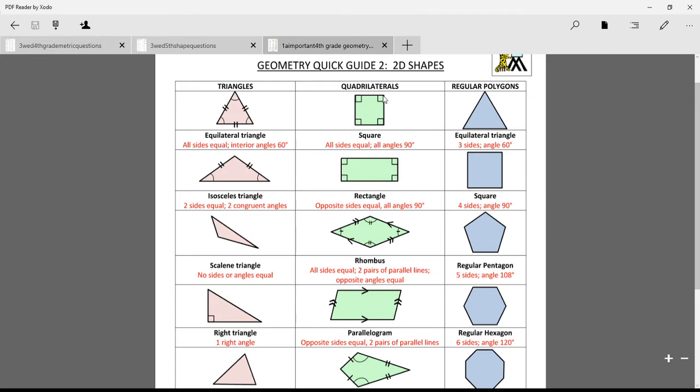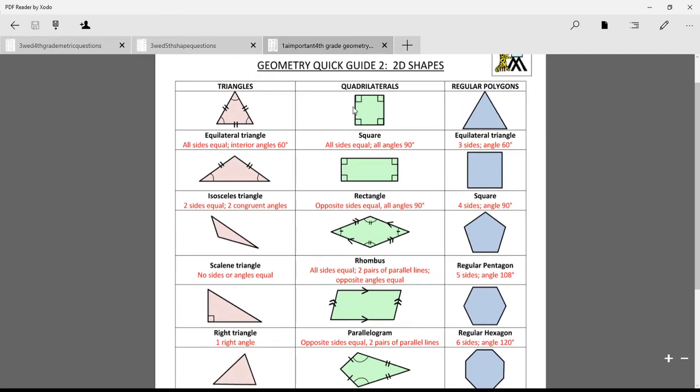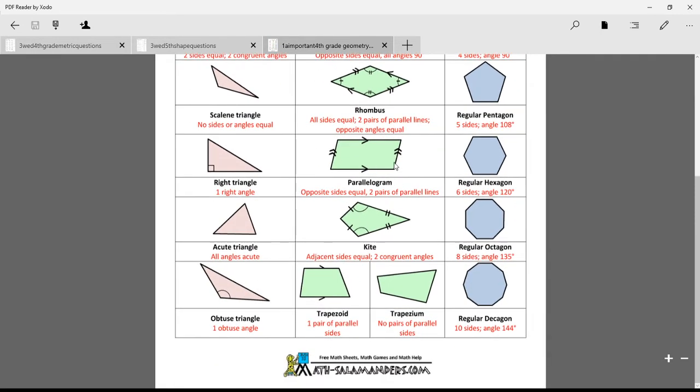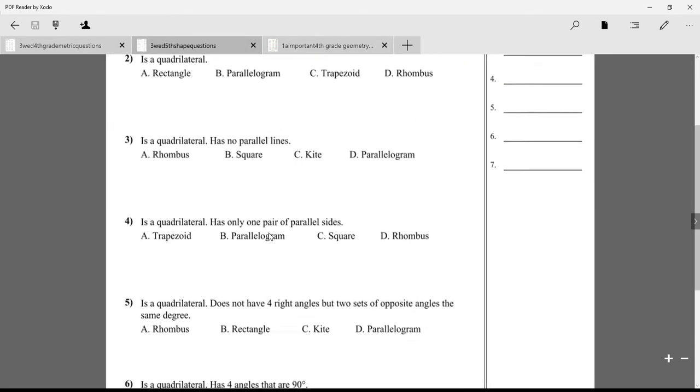A square has to have parallel lines because they are 90-degree angles. A rectangle too, and a parallelogram, obviously, that's the biggest part of a parallelogram. So a kite is the only one that does not have any parallel lines because the lines that are the same length are not across from each other, they are adjacent or next to each other. So the only one that makes sense for number 3 is a kite.